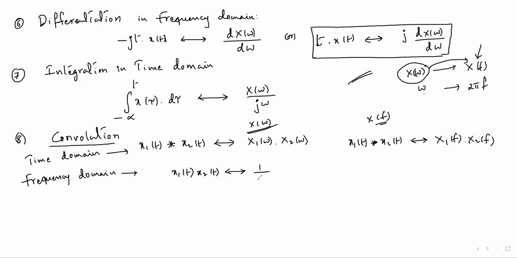This is 1 by 2 pi x1 of omega convolution x2 of omega. Observe 1 by 2 pi is there. Whereas in x of f format, x1 of t multiplication with x2 of t, Fourier transform is x1 of f convolution x2 of f.